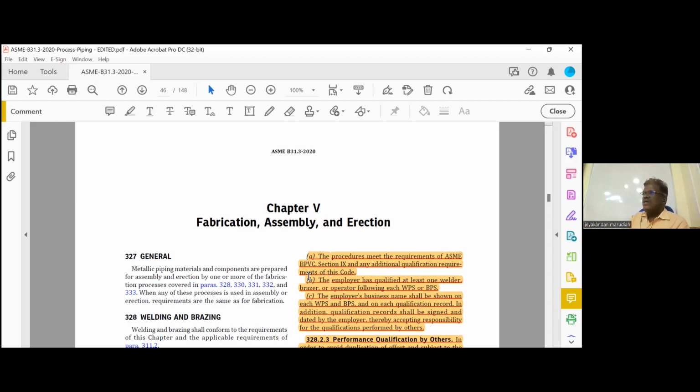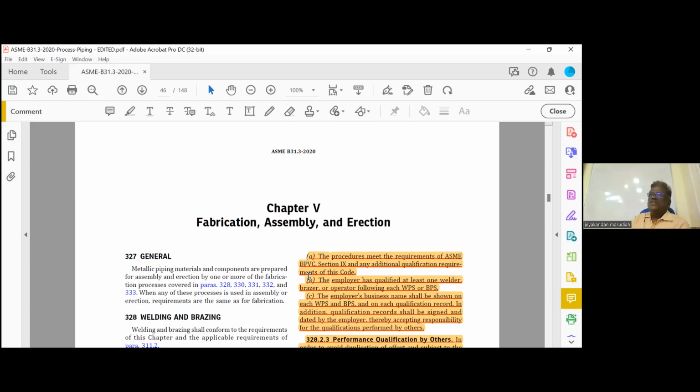But B31.3 allows that. B31.3 says if the owner accepts, you can use another company's procedure, provided you do not change any of the required procedure. You just copy the same procedure onto your letterhead, sign it, and take responsibility. You can use it, provided it is accepted by the owner.